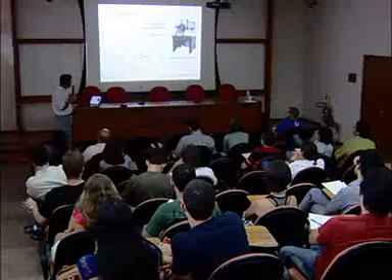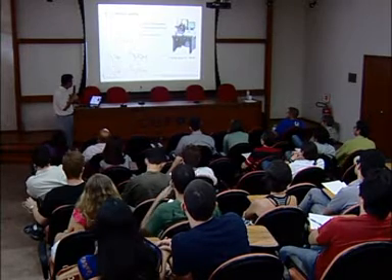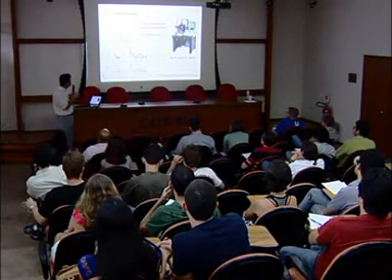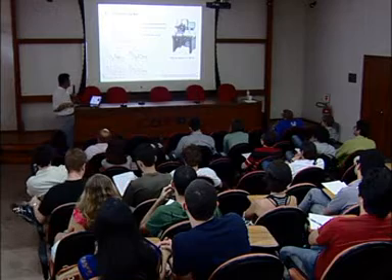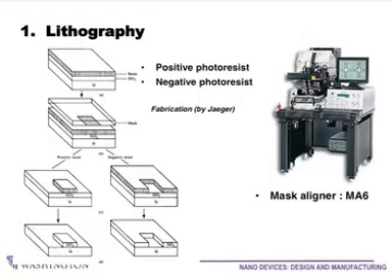In that way, we can transfer the pattern from the mask to the final silicon wafer. So this process includes the growth of an oxide film, then lithography steps, and then through etching, we can transfer this square pattern onto the final silicon wafer.